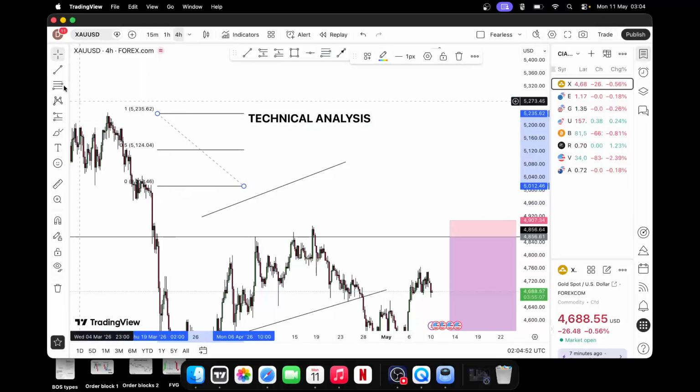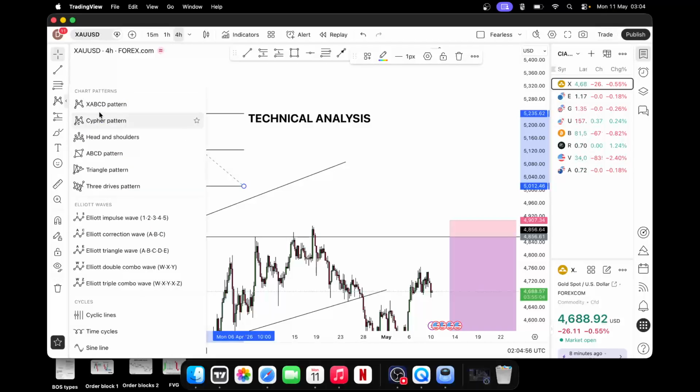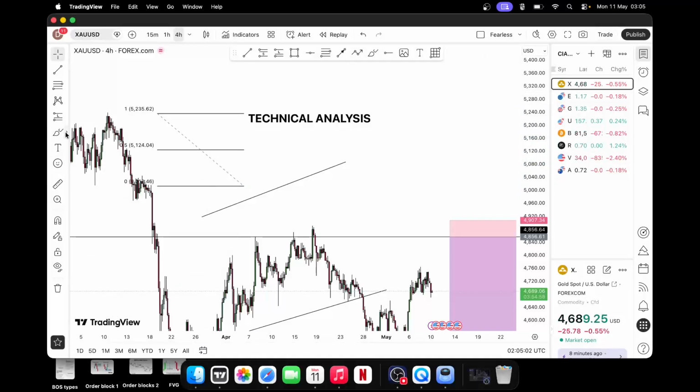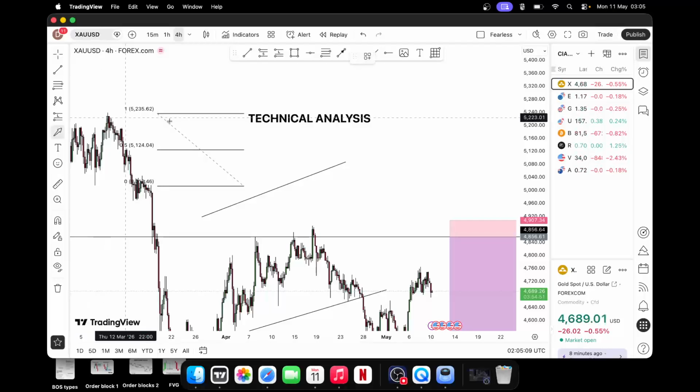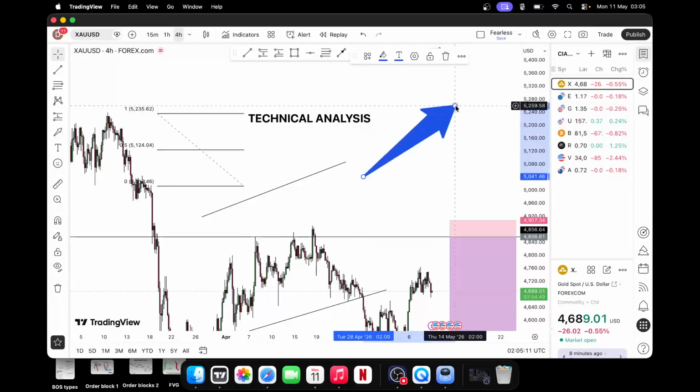If you want to draw Fibonacci retracement, you have it there. These two are chart patterns, if you are the type that trades chart patterns. You can pick any one you like. Then these tools are for if you want to use brushes or highlighter or arrow, to mark out a place.